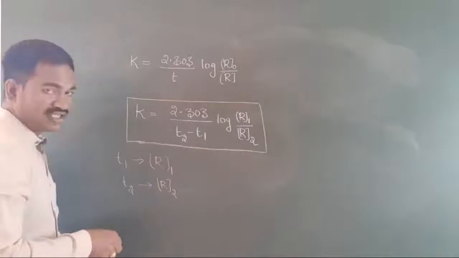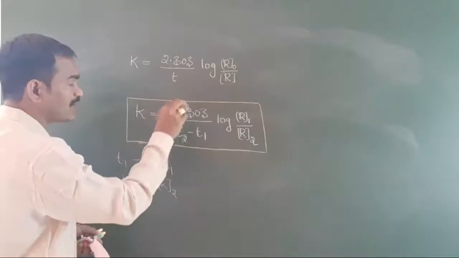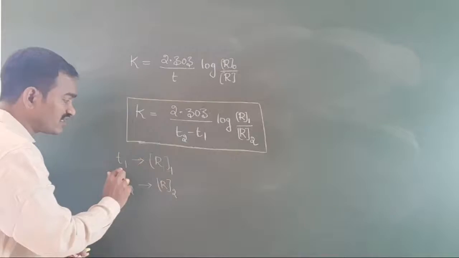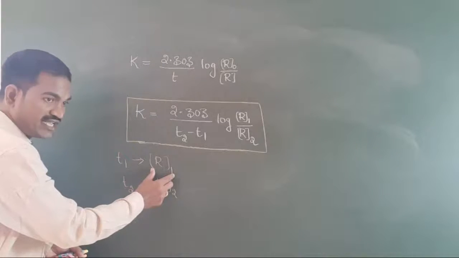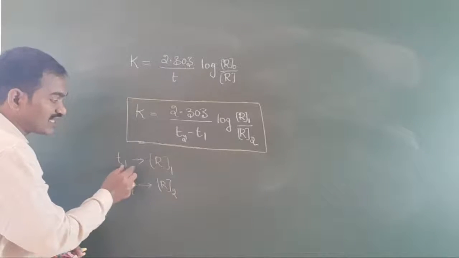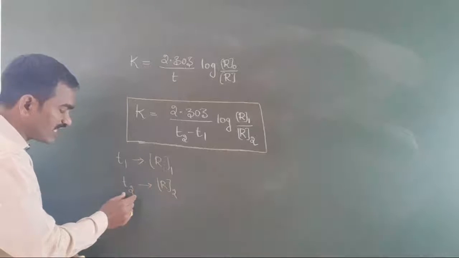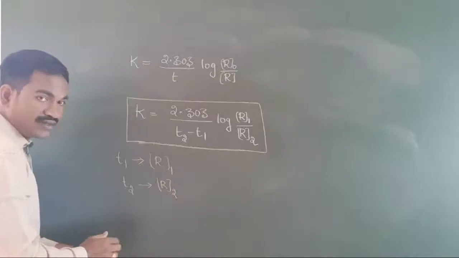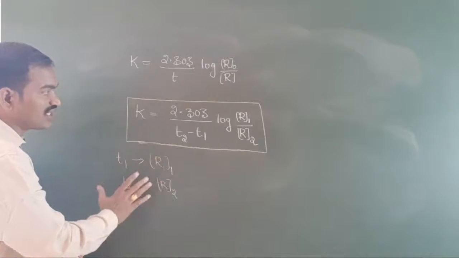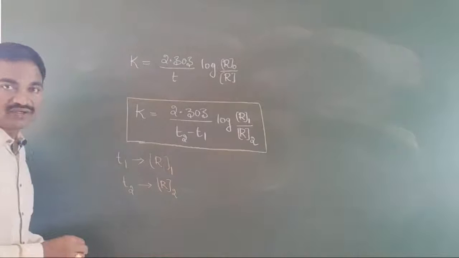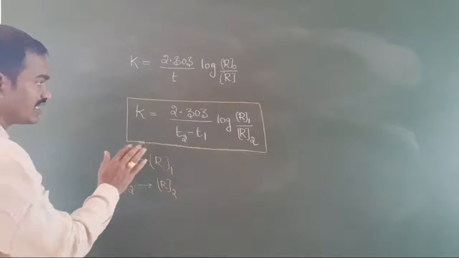Here mostly it's useful because they won't mention anything related to initial concentration. So at T1 time, the concentration of reactants will be given, and at T2 time the reactant concentration. So in this case if they give related information, we have to use this formula. Have you got it? Any doubt in this?